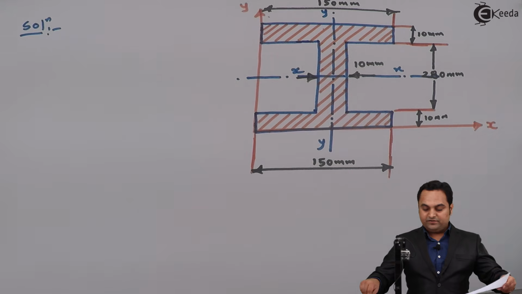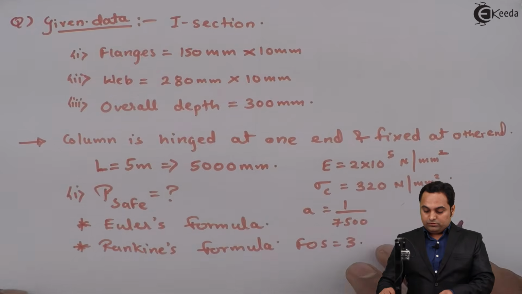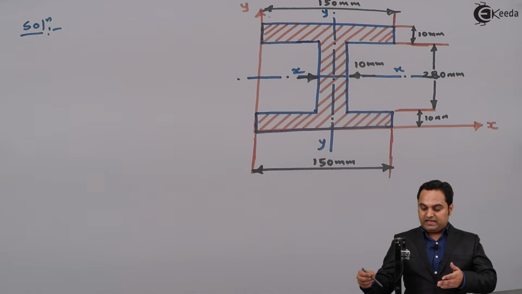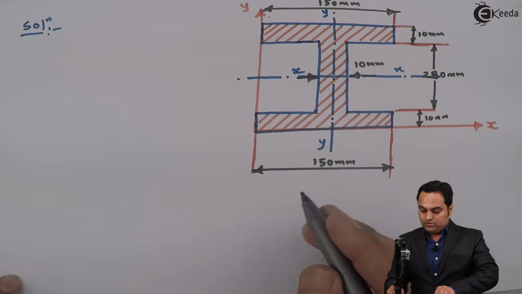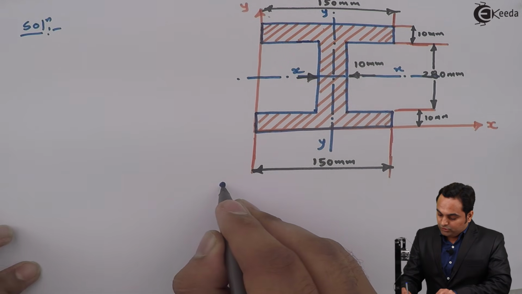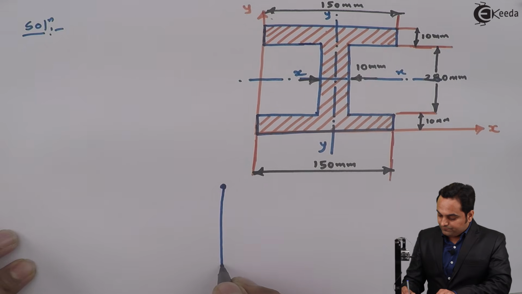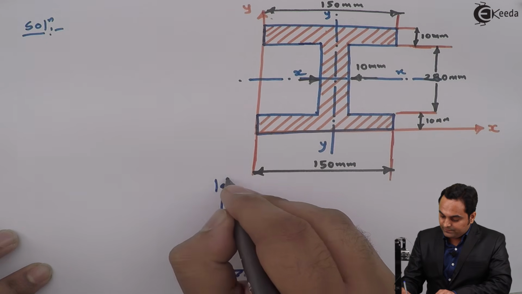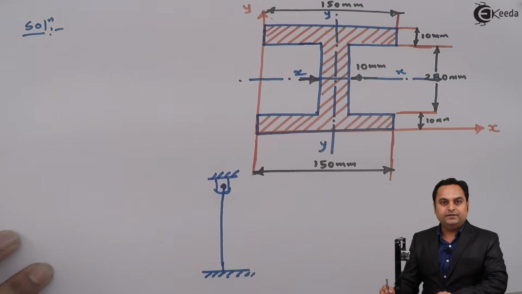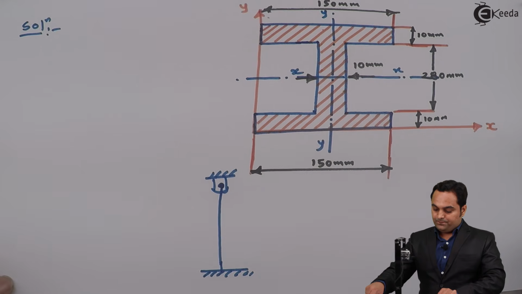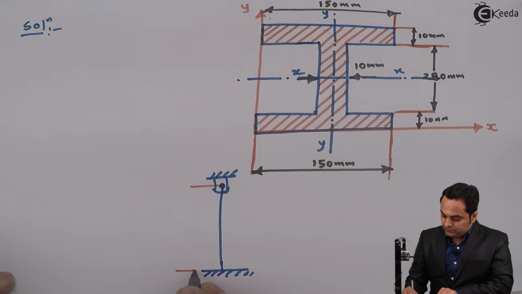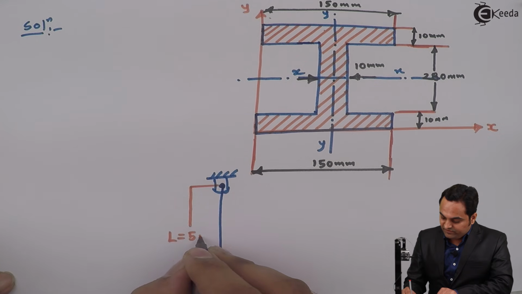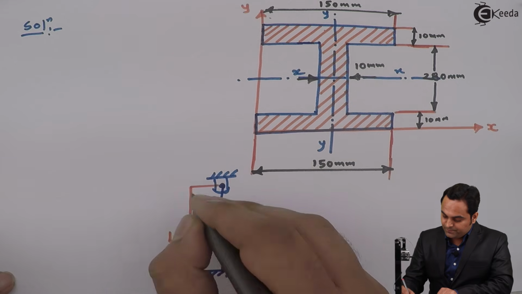Now after this it is given that the column is hinged at one end and fixed at the other end. So this I section, when it is used as a column, that column will be fixed at one end and hinged at the other end. And now here the length of the column is given as 5 meters, so that would be 5000 mm.